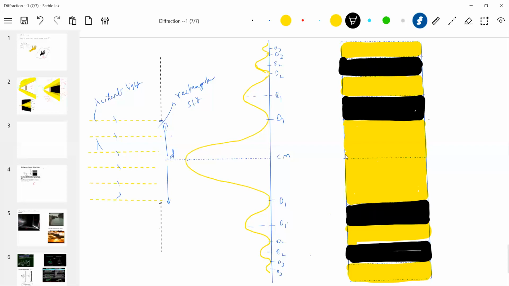We have a lot of things we have to justify. We have drawn the diagram, but we have to justify a lot of things here. First, this is the central maxima. This is the first dark band. This is the first bright band.